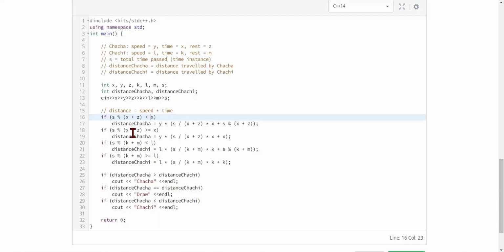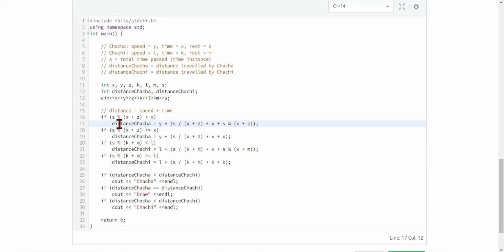Whereas if the leftover time is greater than or equal to x, we need to consider only the time x, because even if the time is greater than x, the extra time beyond x will be for rest, where Chacha will not run. So we will consider the extra time as x seconds in this case.